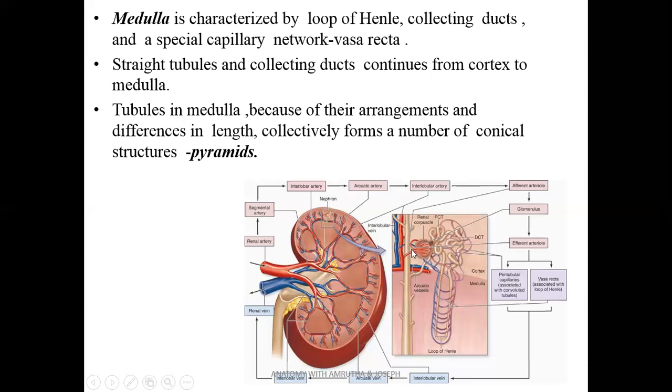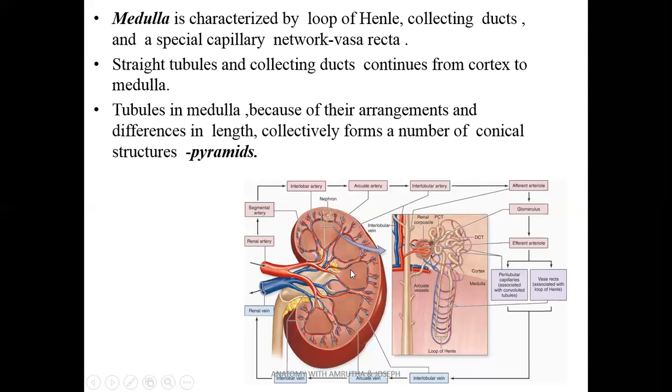Straight tubules continue from the cortex to the medulla. Looking at the structure of cortex and medulla, some part of the nephron is seen in the cortex, some is seen in the medulla.